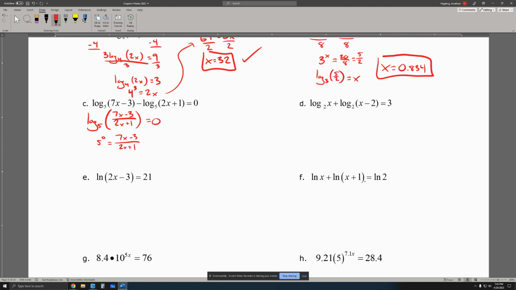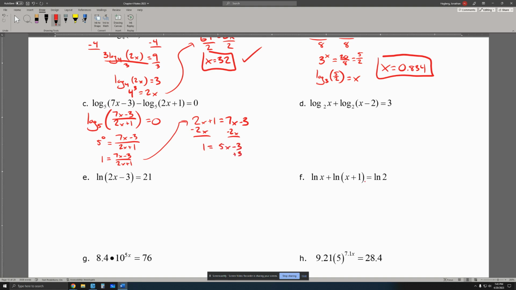We know that anything to the 0 power is 1, so this is equal to 7x minus 3 over 2x plus 1. And then finally multiplying both sides by 2x plus 1, we get 2x plus 1 equals 7x minus 3. Subtracting 2x from both sides, we get 1 is equal to 5x minus 3.